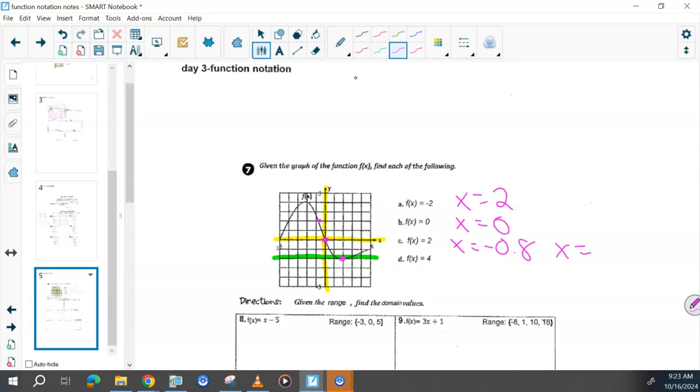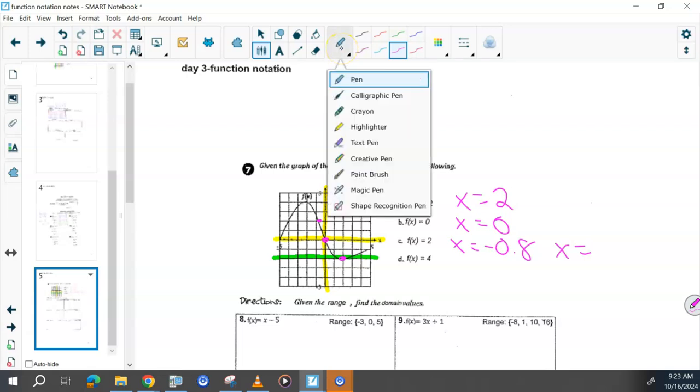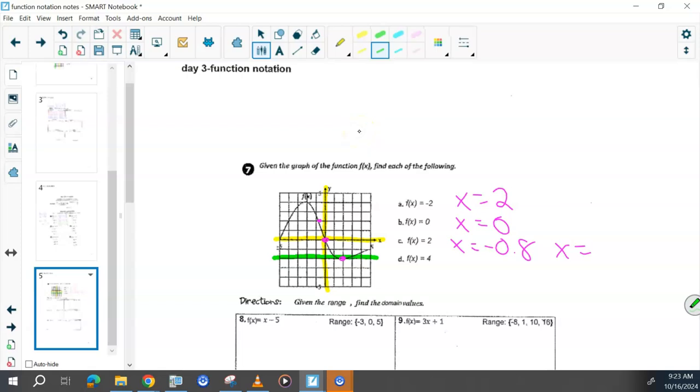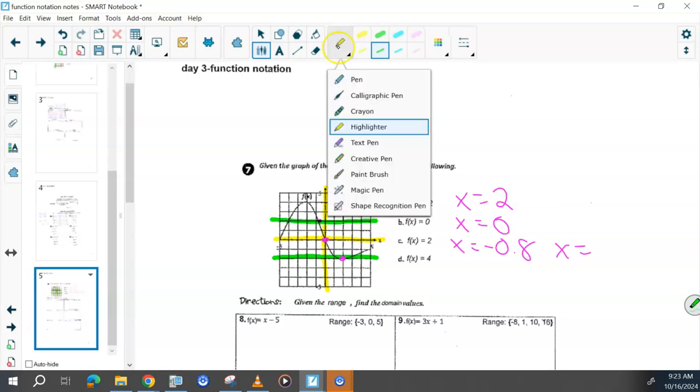And what's the other one? Where else does that cross -4?